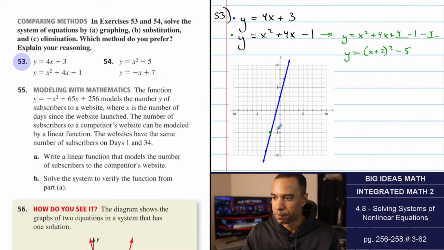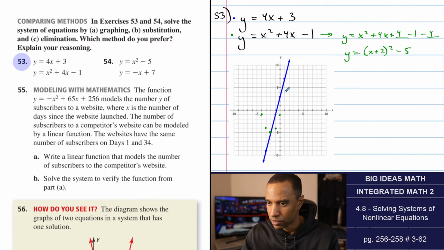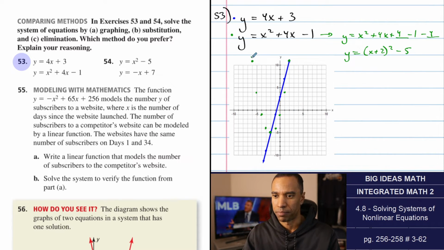The stretch factor is 1. 1, 1. 2, 4. 3, 9. 4, 16. Okay, so it does go a little bit off the graph, but it's going to hit here, I think at 11. So that should be fine.